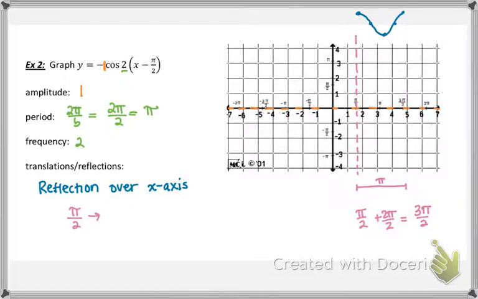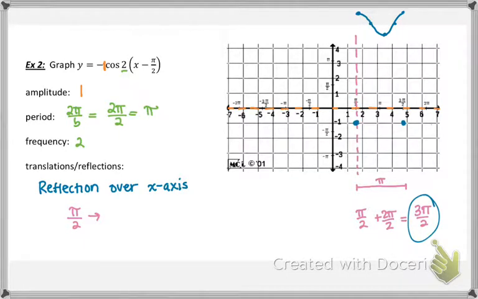So let's start with the first point. Normally it's at 0, 1, right? Except now instead of at 0, I have pi over 2, up 1. Okay, however, I have a reflection over the x-axis. So I'm going to flip it over, and now I know it's down here. Okay, and then the next time that this point is at the exact same spot, it's going to be at 3 pi over 2, -1.